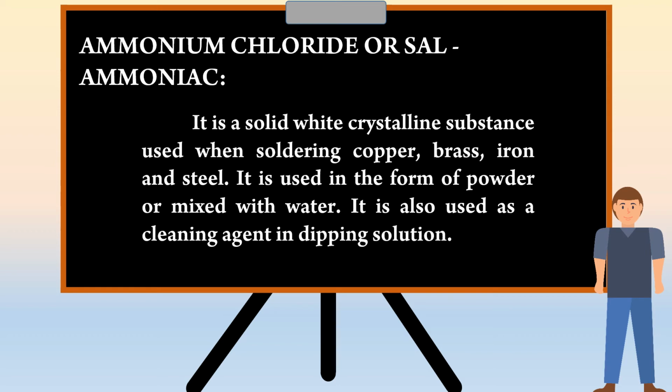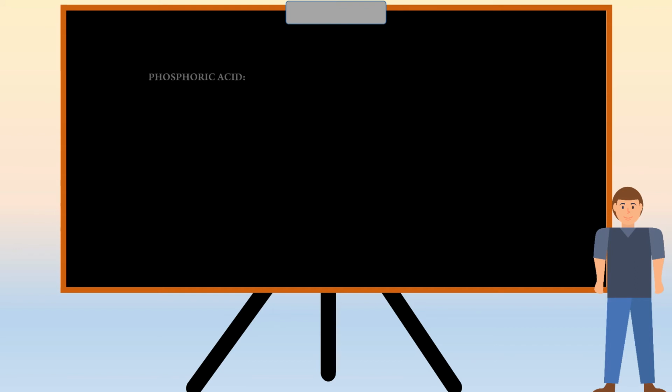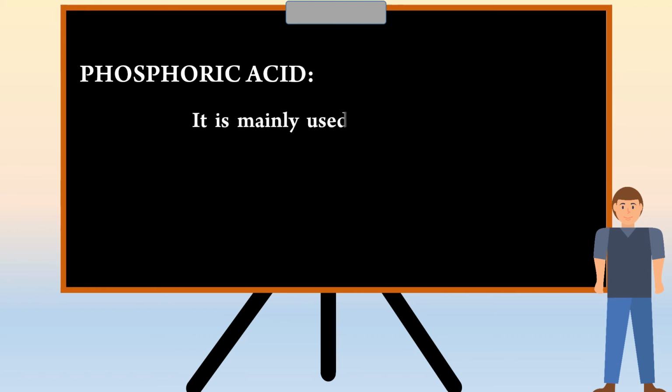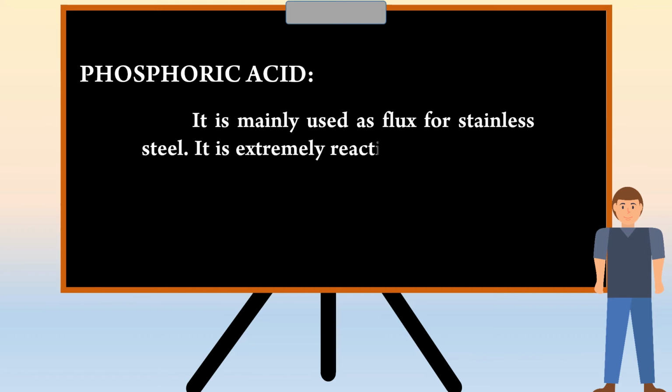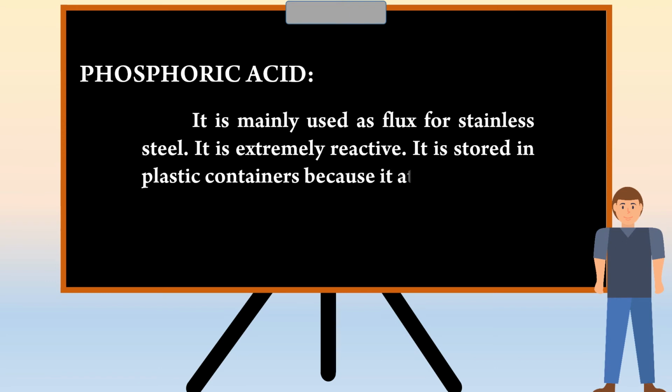It is also used as a cleaning agent in dipping solution. And the last one is the definition of phosphoric acid. It is mainly used as flux for stainless steel. It is extremely reactive. It is stored in plastic containers because it attacks glass.